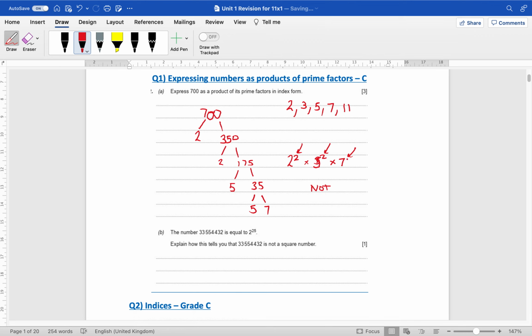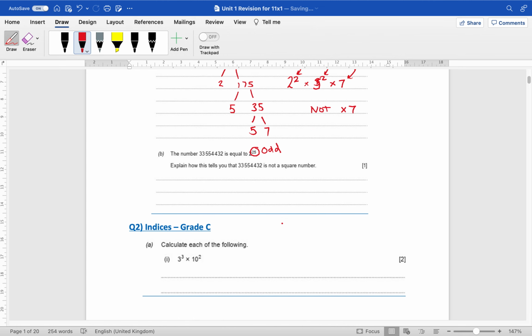Well, we'd need to up that power another one. So if we times the answer by 7, then not only would the 2 be squared and the 3 be squared, but now the 7 would be squared, so we would have a square number. And it's the same reason here. This isn't a square number because this is an odd indice, whereas square numbers have even indices.